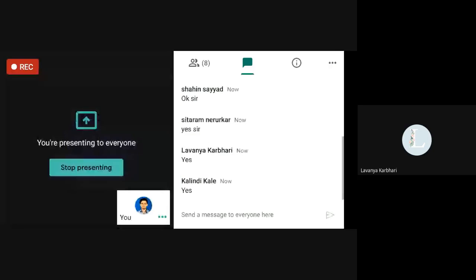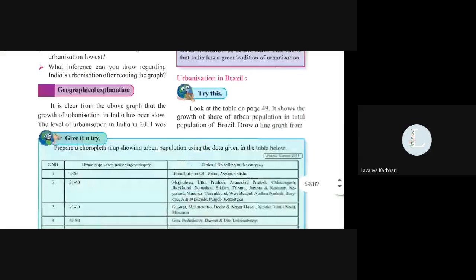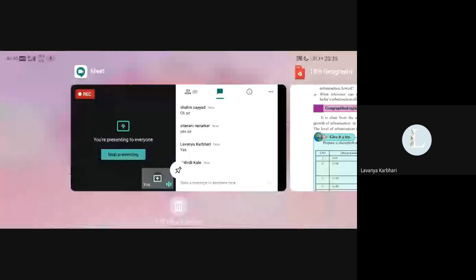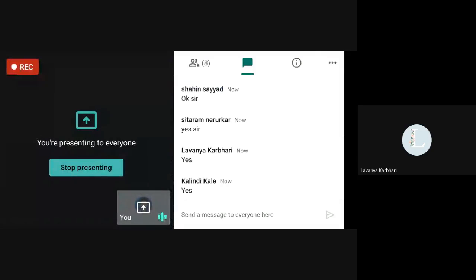Okay, let's see the screen. Here is the urbanization in Brazil. Can you see the screen? Is it visible?